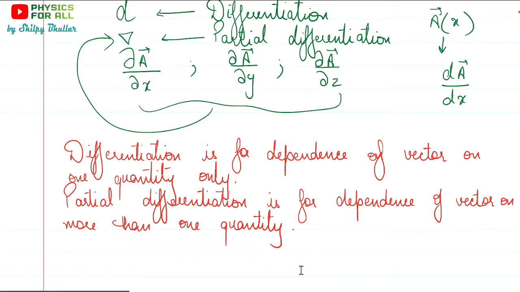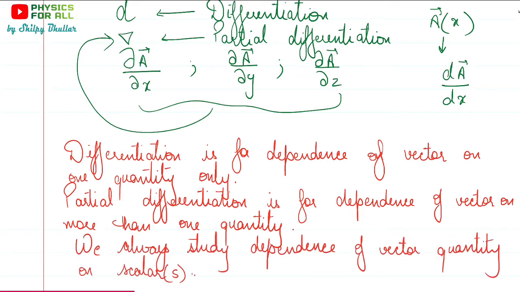Whenever there is dependence on a single scalar, usually we take differentiation or partial differentiation with respect to scalars. Always we study dependence of vector quantity on scalar. It's always the dependence of vector quantity on scalar or on scalars.